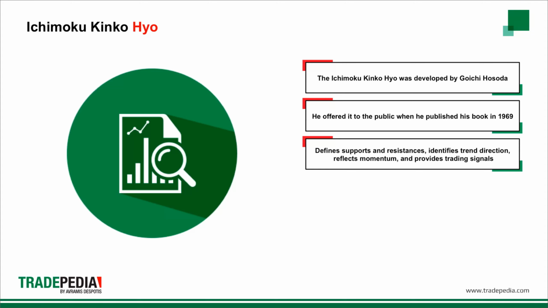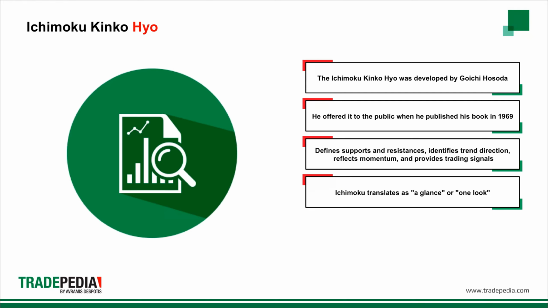Ichimoku translates to "a glance", or what we call "one look". Which means that when you load your Ichimoku Cloud, with one look, you can tell the direction of the trend.